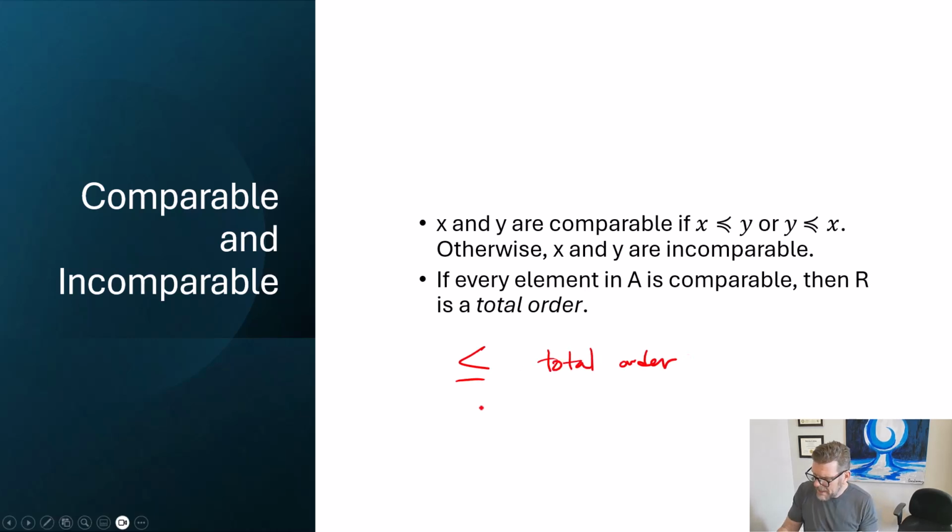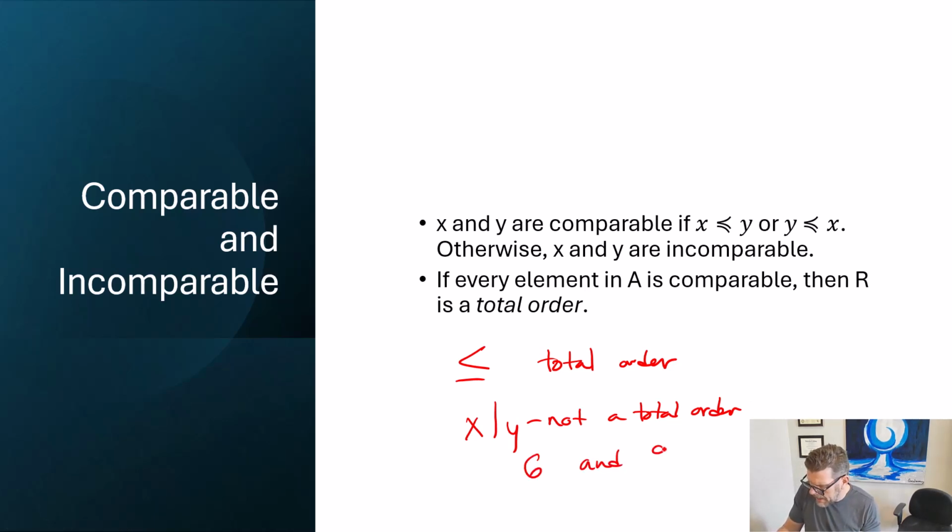On the other hand, if we look at X divides Y, this is not a total order. For example, 6 and 9 are not comparable. 6 does not divide 9, 9 does not divide 6, so consequently, that's not a total order.